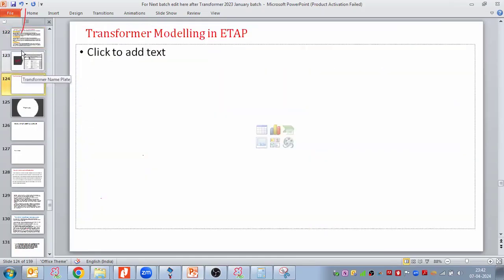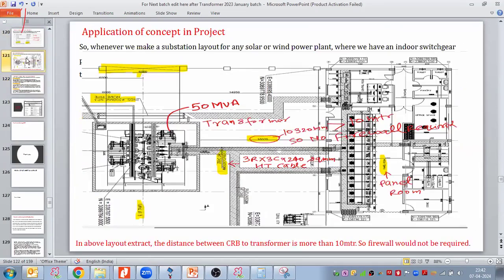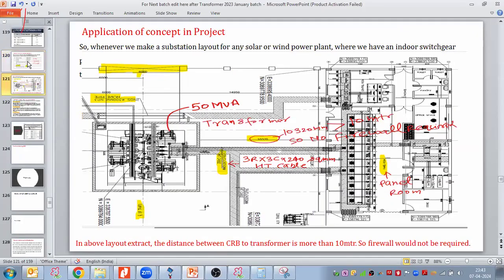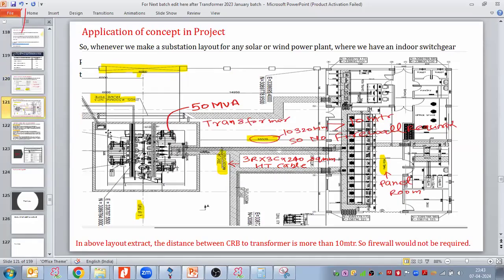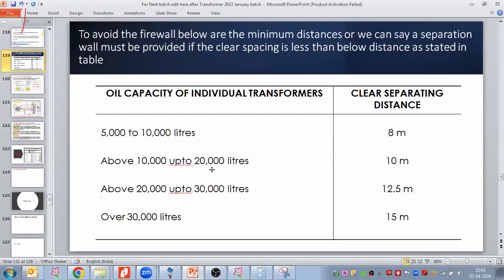One thing regarding fire damage zone across the transformer, how is that established? The damage zone, as per the rating, we take what is my oil capacity, and then accordingly as per the NFPA we take the value, and we make one circle indicating the transformer damage zone.